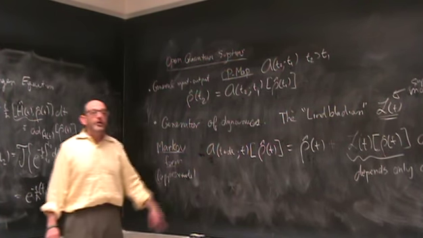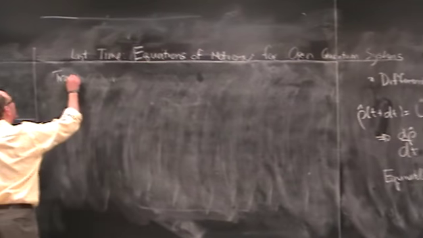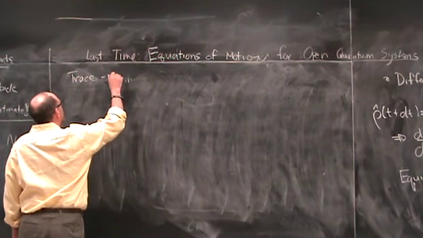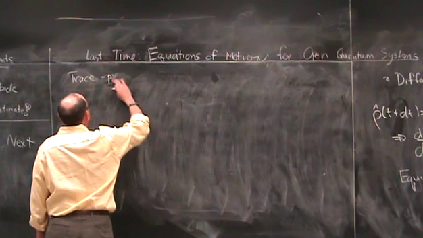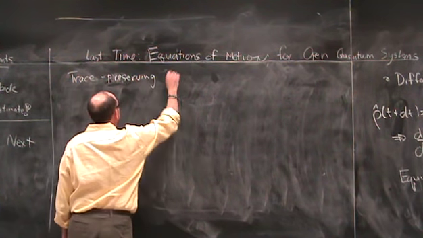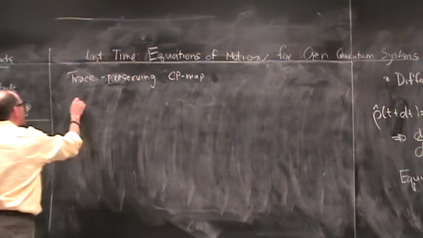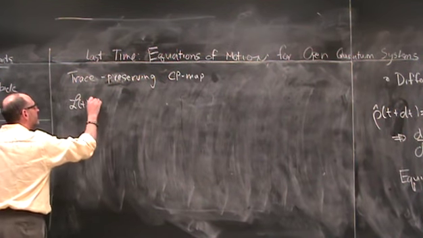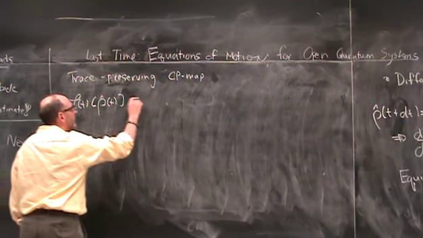And based on that Kraus representation and the fact that we look for trace preserving maps, the Lindbladian was the following.